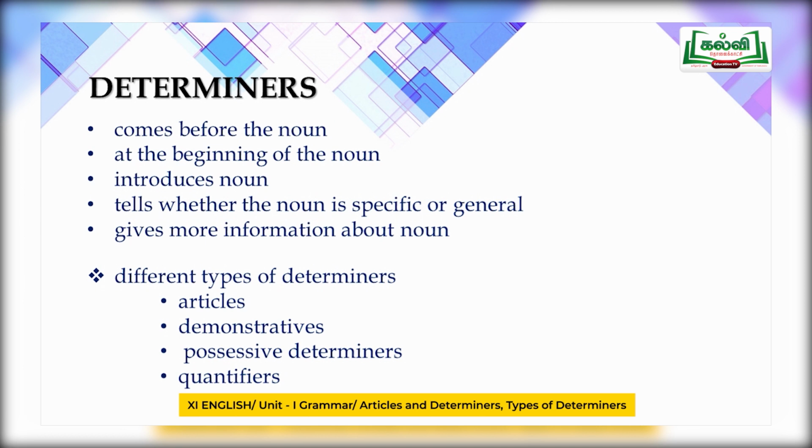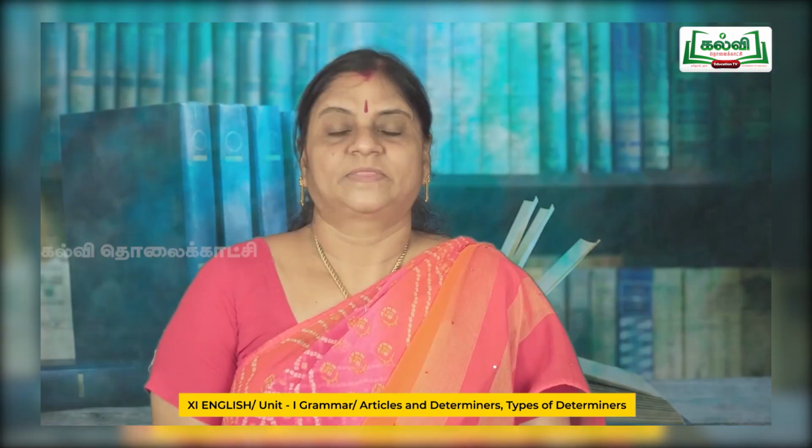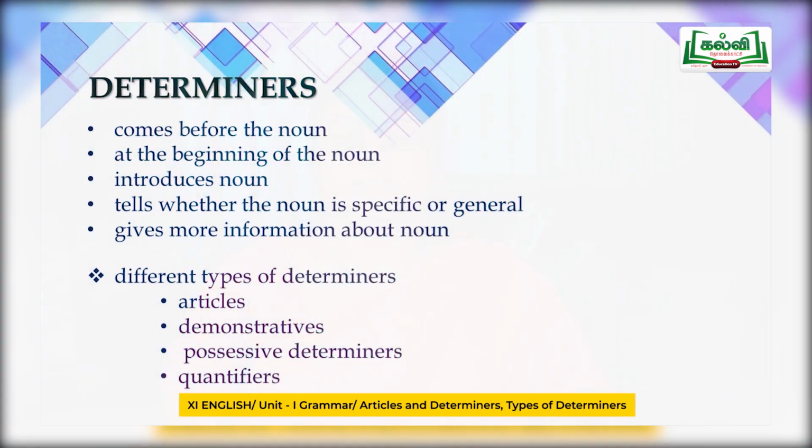It tells whether the noun is specific or general. The determiner tells about the noun whether it is specific or general. What is specific and what is general, we all know. The next point is that it gives more information about the noun.